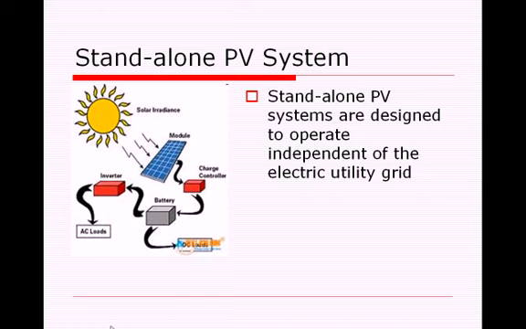Let's look at the standalone PV system first. After energy is converted from sunlight to electricity by the PV cell, it's transmitted to the load through a regulator. It operates independently from the utility network. It is a good option for supplying electricity in a remote area.